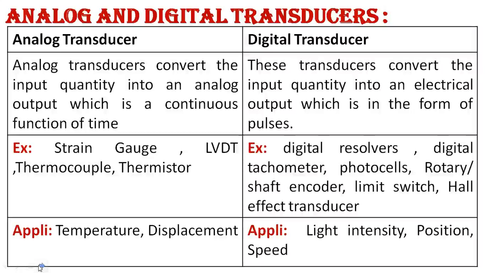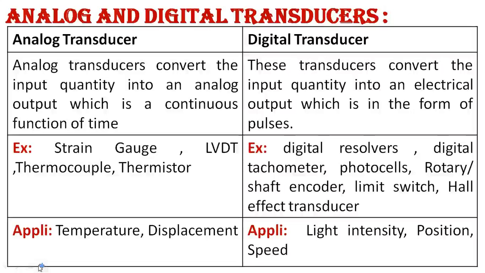These give analog output. Examples of digital transducers are the digital resolver, digital tachometer, photocells, rotary shaft encoder, limit switch and Hall encoder. These give the desired outputs in terms of pulses, square waves, or digital signals.